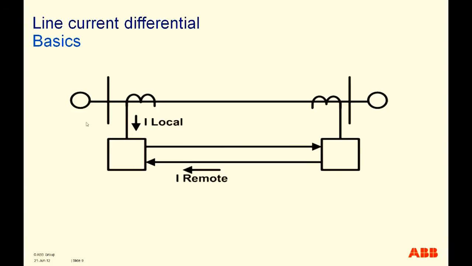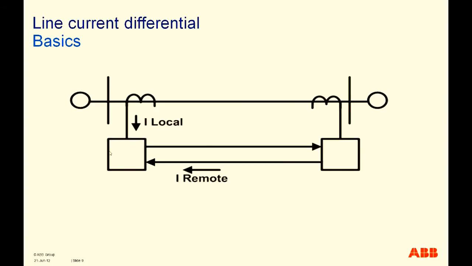As we talked about, this is the local station. We have to define in a line differential protection scheme what is the local station and what is the remote station. This is the box which is measuring the local current, and it is getting the information from the remote end relay, and then it is processing the information in this box.